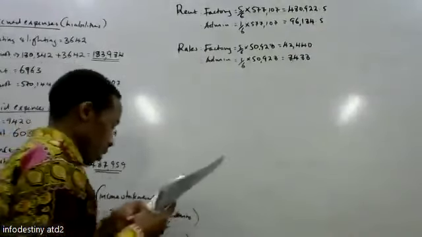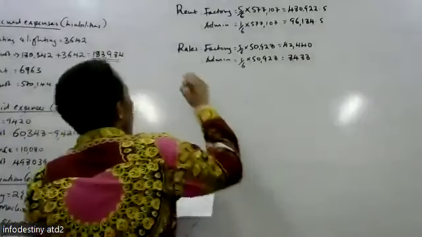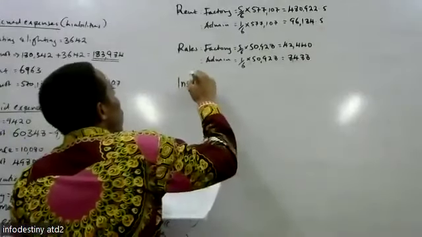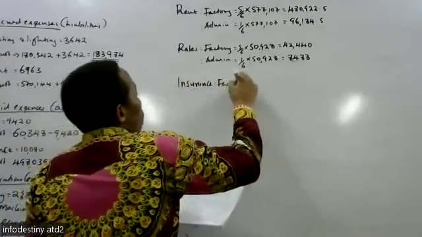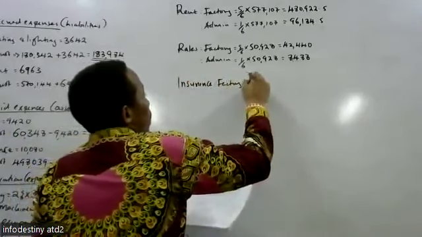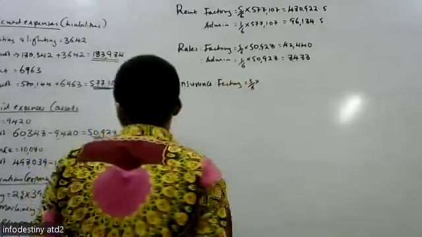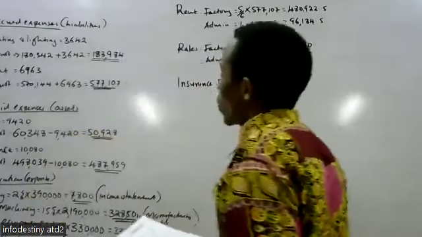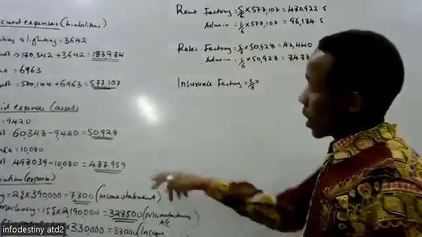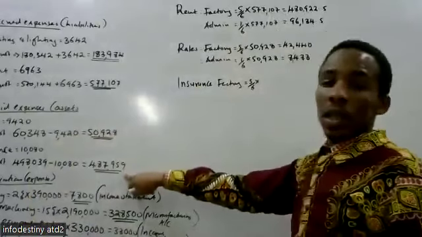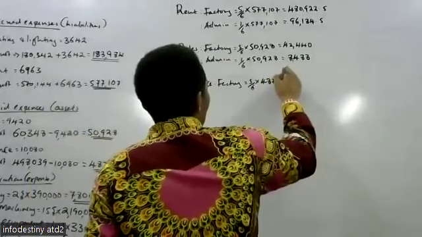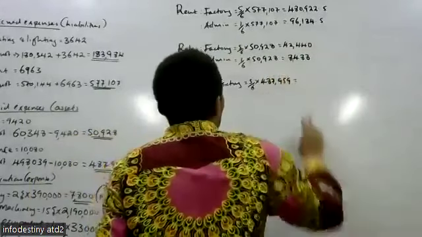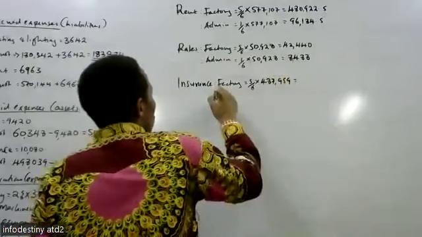That is rates. Then the next one is insurance. We are also apportioning 5/6 of insurance goes to factory. And insurance we also adjusted, so we use the adjusted amount of 487,959. We get 5/6 of that.